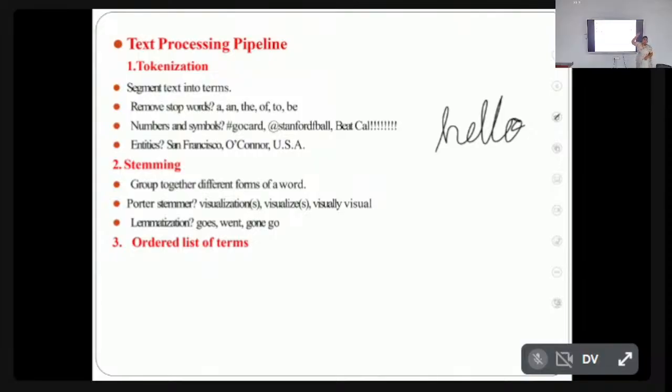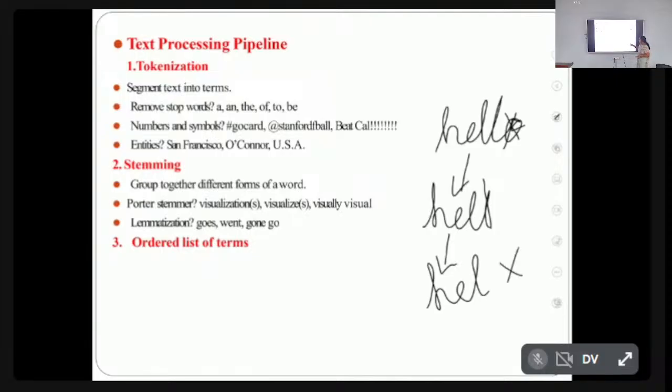So what is a token here? If I break this into a smaller part, what will happen? If I remove the O, what will happen here? Hell. This is a word, right? If I break this into a smaller part, if I remove L, does HEL have any meaning?